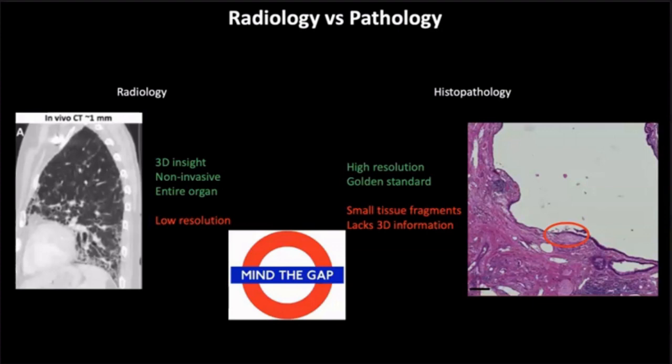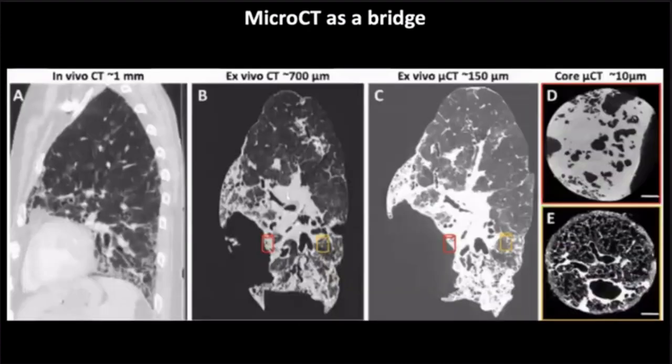During the initial phase of my career, I mainly used micro-CT as a bridge in between. Micro-CT also allows you to investigate an entire organ. We have a particularly nice micro-CT device at our university in Antwerp where we can scan entire human lungs with a resolution of about 150 microns. This is already 5-6 times better than a conventional CT scan. Here is the in vivo CT scan.